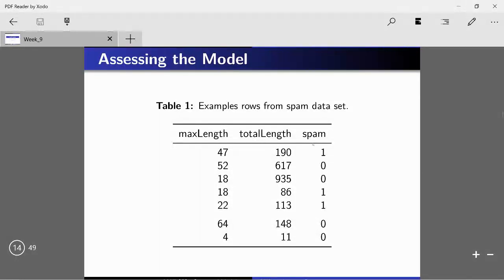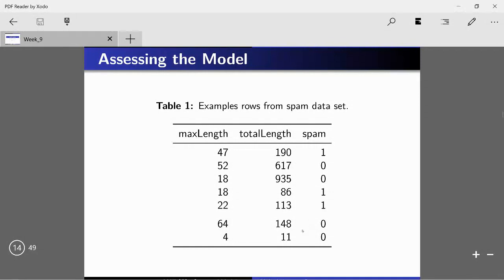Here, max length is representing the longest consecutive number of characters that are all caps. If we had a word that was 10 characters and it was all caps and that was the longest word in the email, for example, this max length would be 10. So it's the longest consecutive number of capital letters found in the email. Total length, I believe, is the total number of capital characters in the email.